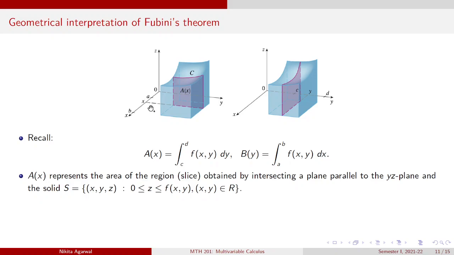When this is my point, I vary y, all the possible values of y, and I'm integrating my function. So this function is nothing but, for a fixed value of x, f(x, y) where x is fixed and y is varying.